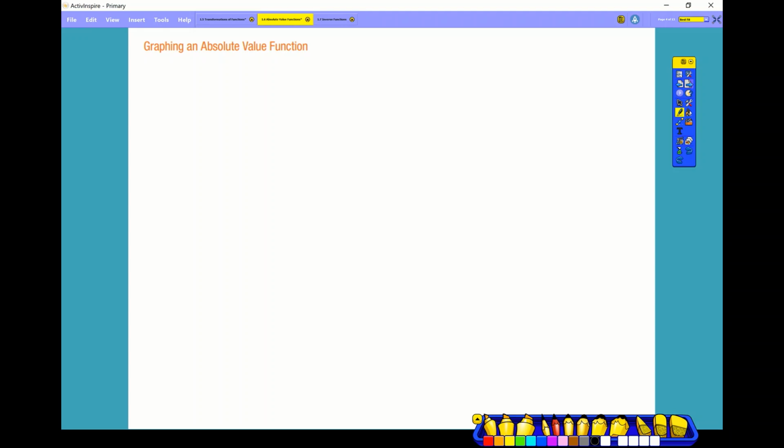Now graphing an absolute value function. Our absolute value function is y equals f of x, absolute value of x. So let's examine things here. This is what it looks like when we have something shifting horizontally.